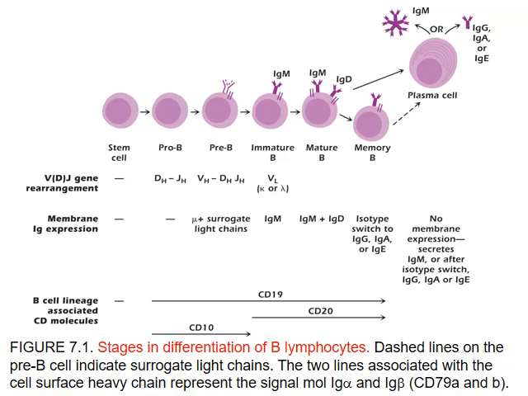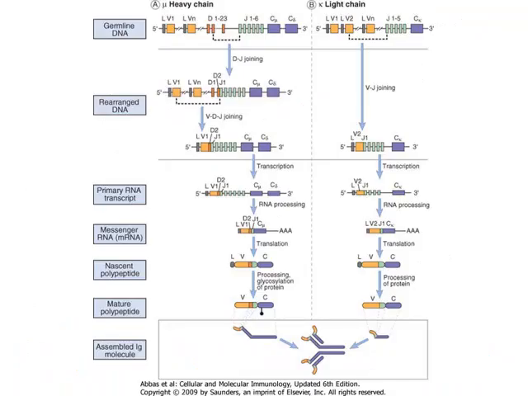That's what the difference is. And then again, when it forms a memory cell, it will shut off this M and D. And for class switching, again, the important point was that you have to have T cell help.